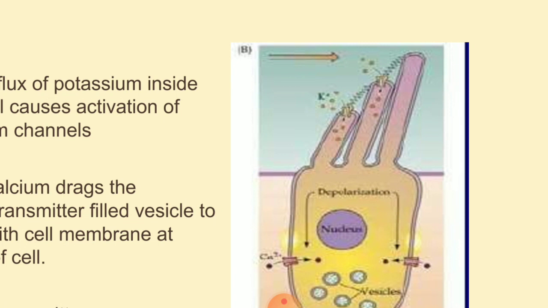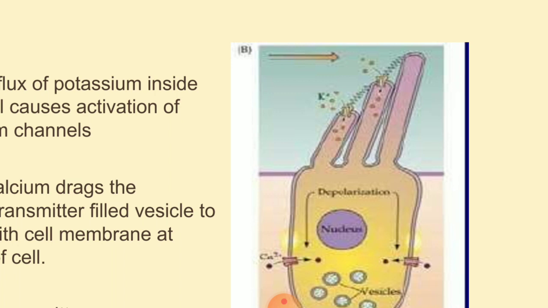It is basically a generator potential because it is graded in nature. It does not have any latent period or any refractory period. It is not propagated, it is graded, and can be added up.